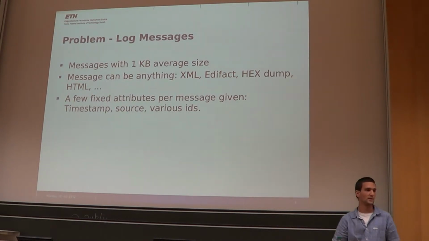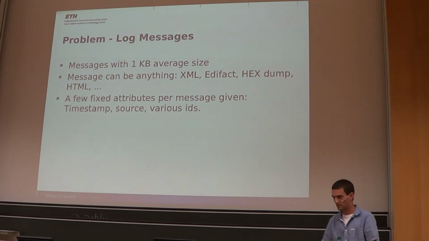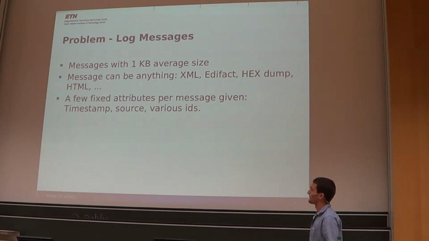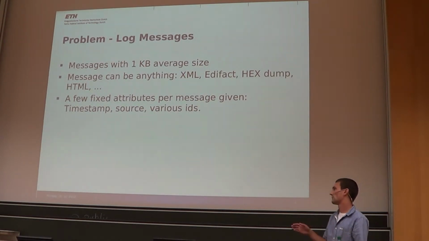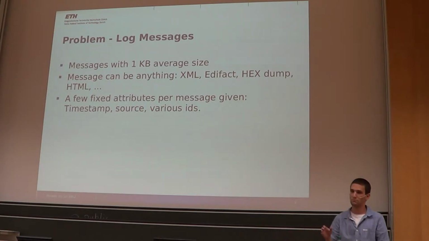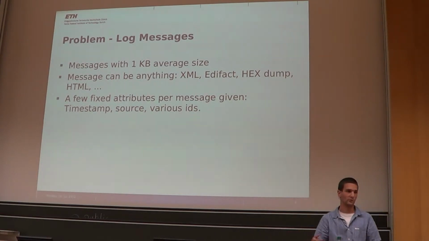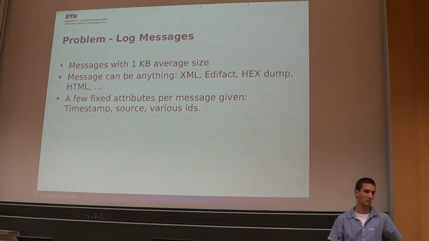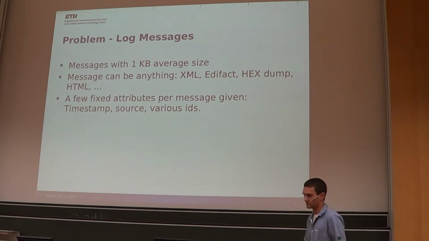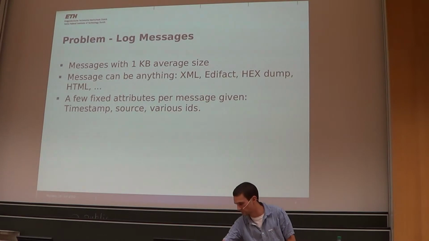So it can be XML, it can be HTML, it can be some other formats like EDIFACT, which is used in this industry, or it can be just a hex dump or anything. So it's really unstructured, and we have only a couple of fixed attributes that we know from each of these messages. For example, a timestamp, or where the message is coming from, or different IDs that are attached to the log message.